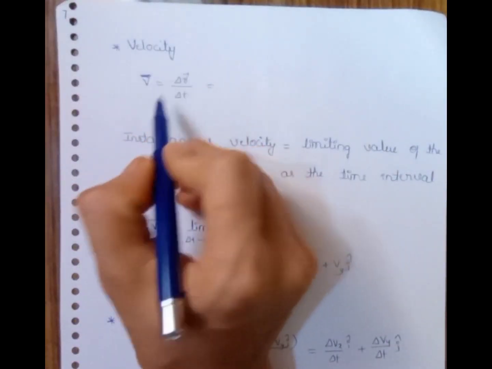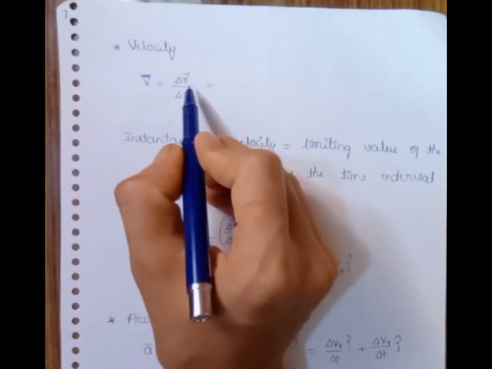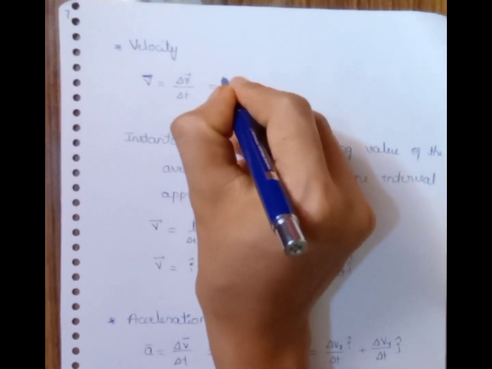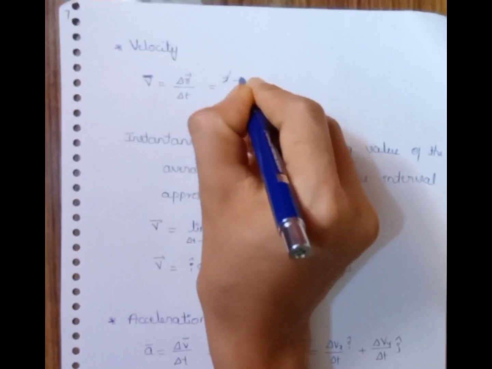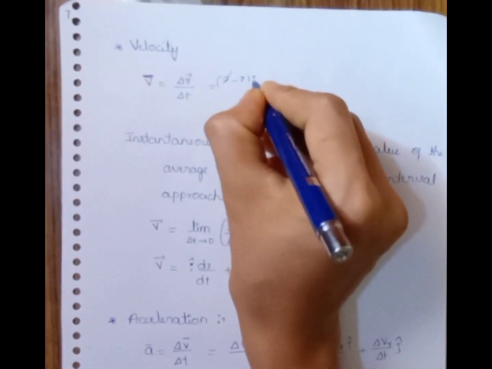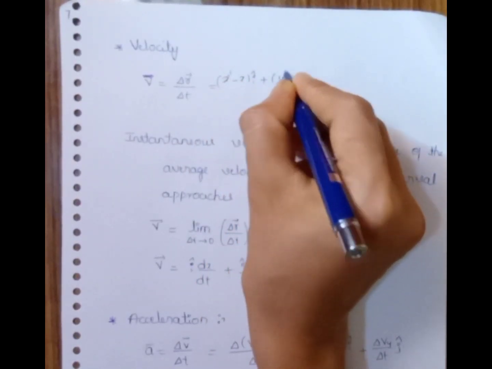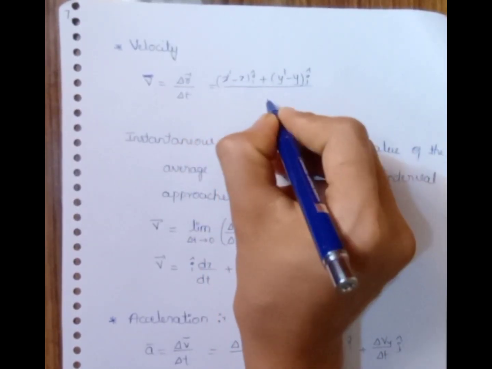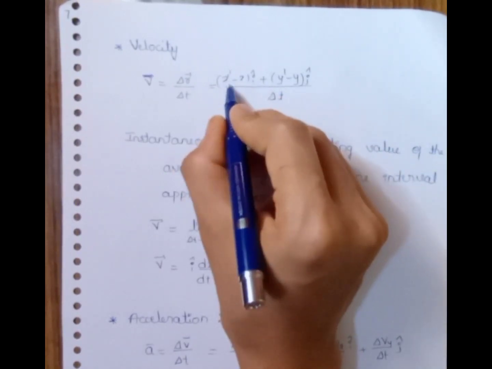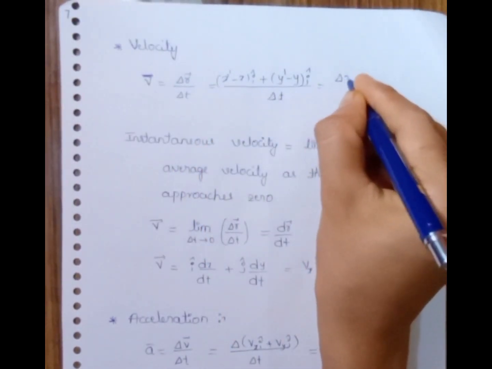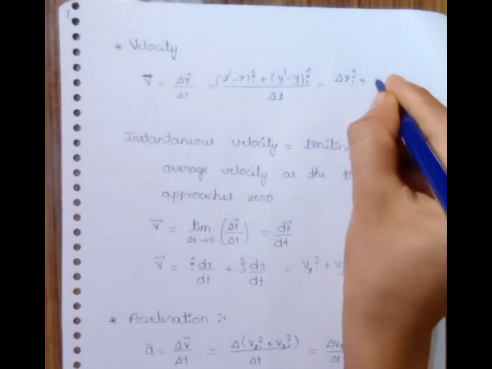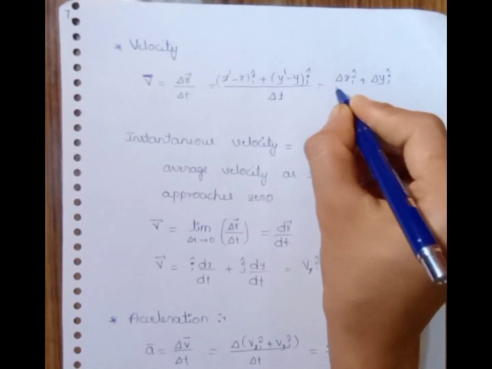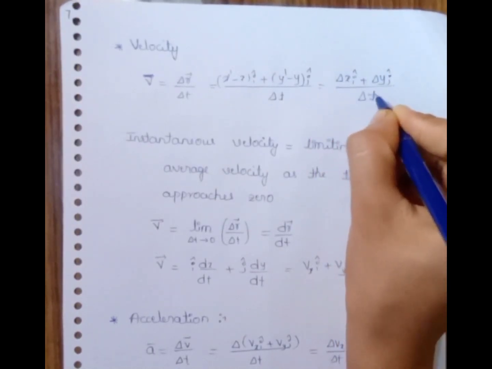Next is velocity. Velocity can be defined as the change in displacement over the time taken. We know delta r is equal to (x dash minus x) i cap plus (y dash minus y) j cap, divided by delta t. Here x dash minus x can be written as delta x i cap, and y dash minus y can be written as delta y j cap, whole divided by delta t.